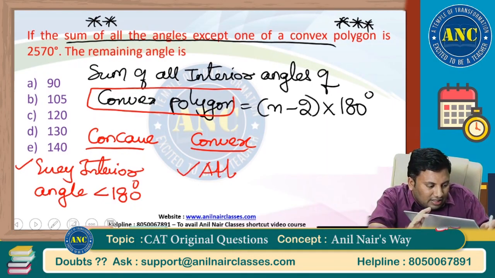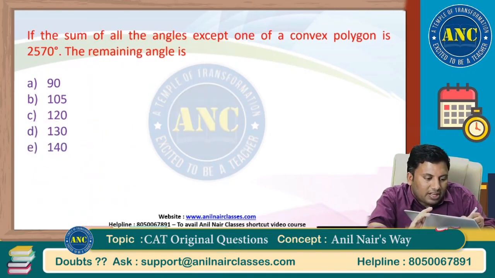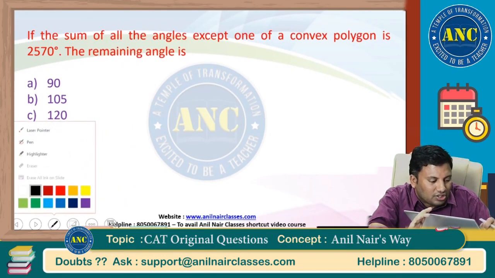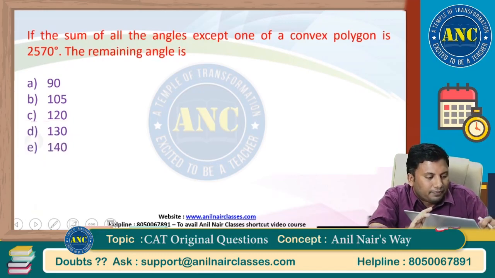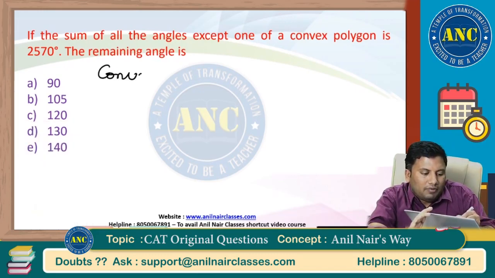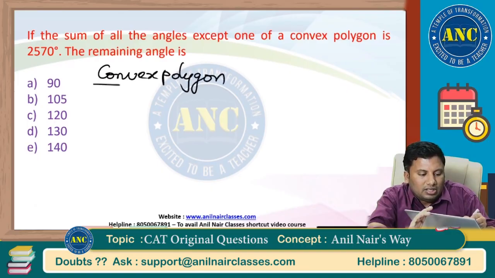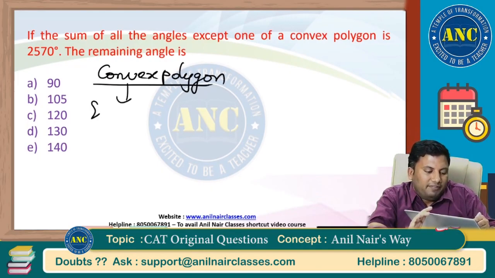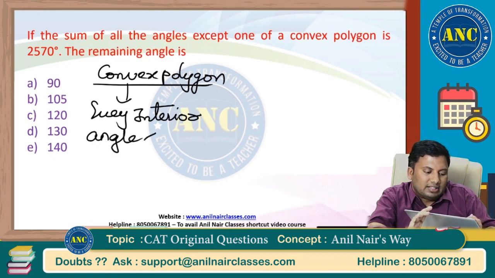Please write down, sir. Once you understand this concept, a convex polygon is nothing but one where every interior angle is less than 180 degrees.